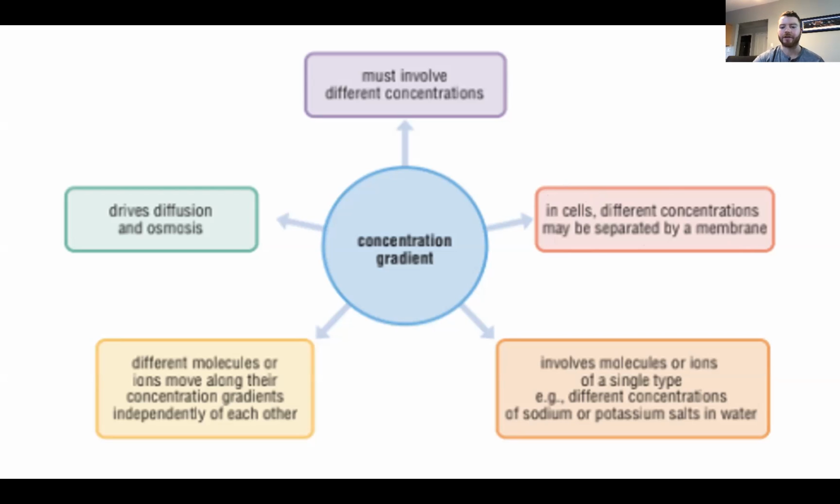Concentration gradients involve molecules or ions of a single type. Different molecules or ions will move along their concentration gradients independently of one another, and concentration gradients will drive diffusion and osmosis. We're going to talk about osmosis a little bit later on today.